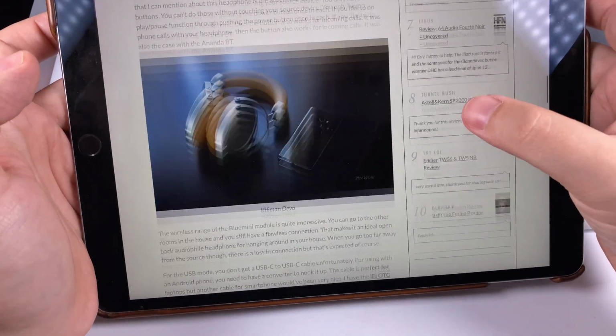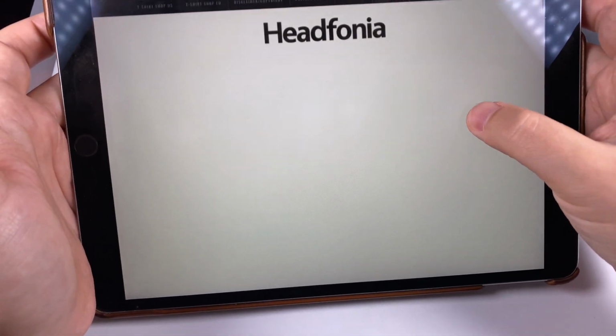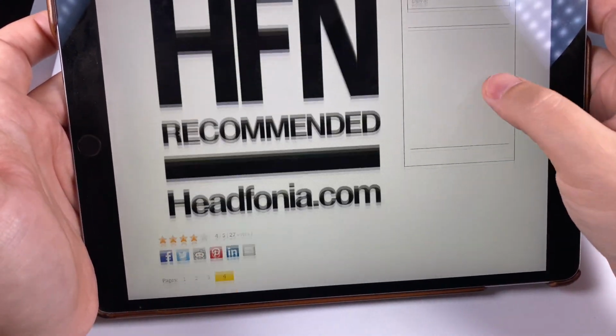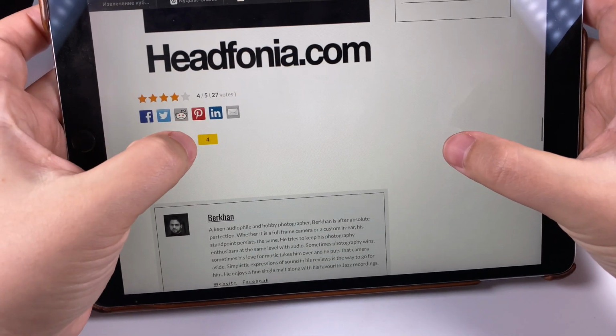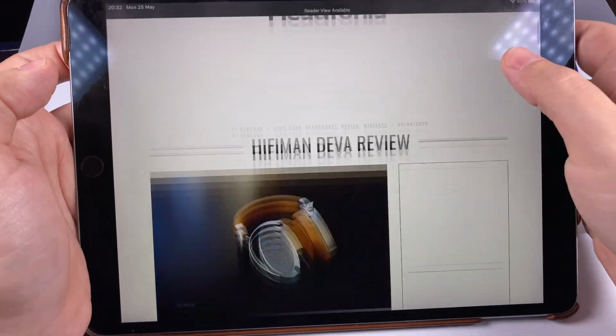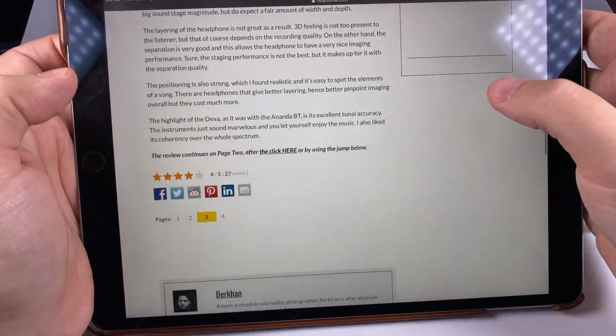It's hard to find. Headphonia makes good reviews, but I don't remember, do they publish technical specifications? I will be really sad if they didn't. Come on.